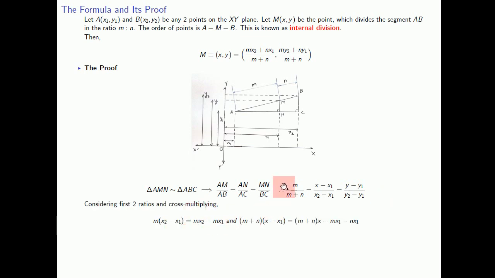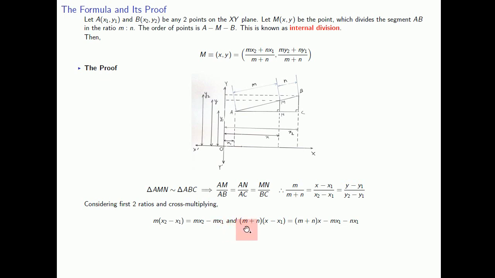Now let us consider the first two ratios, m upon (m + n) and (x - x1) upon (x2 - x1). If you cross multiply, you will get m(x2 - x1) as the LHS and (m + n)(x - x1) as the RHS. On simplifying the LHS you will get mx2 - mx1.